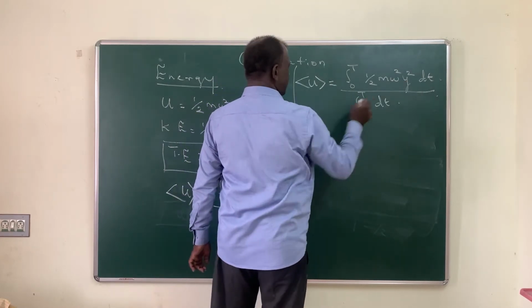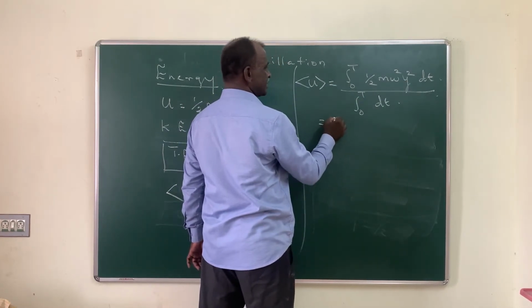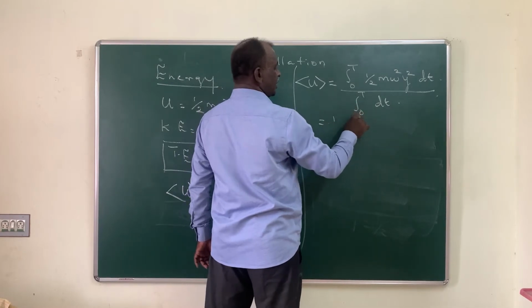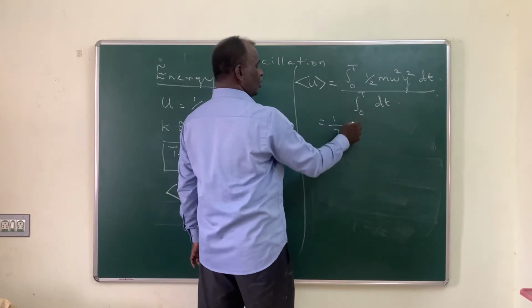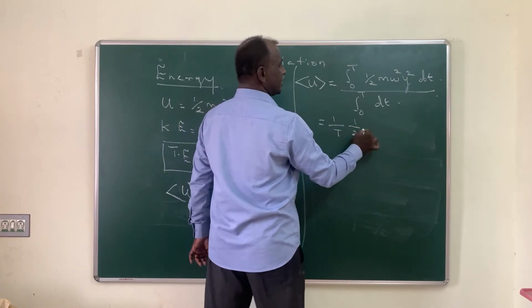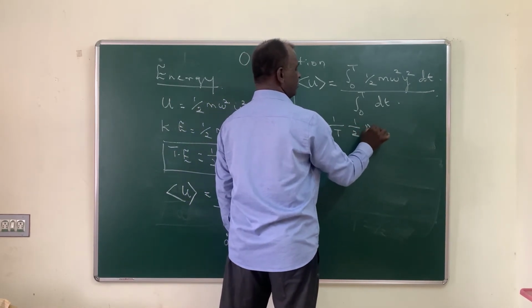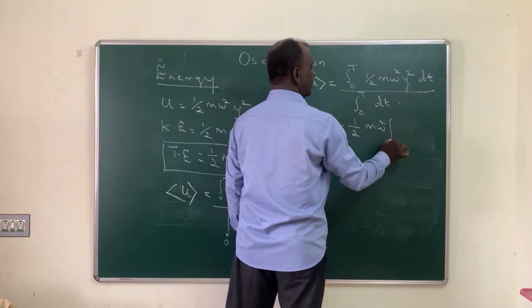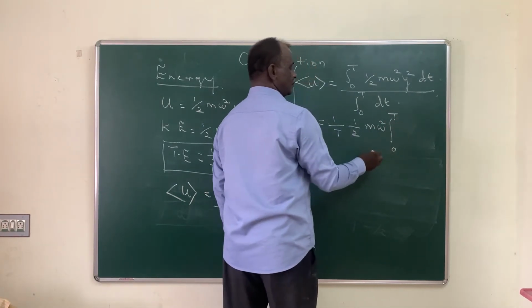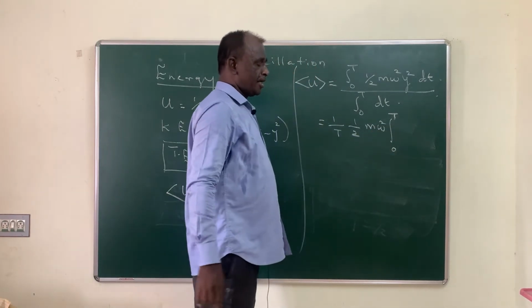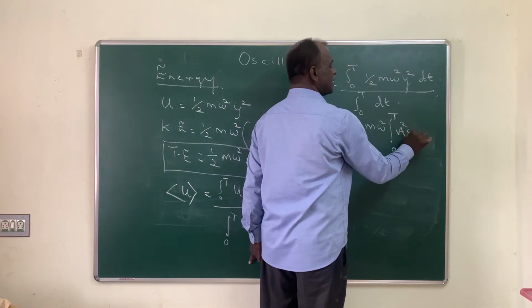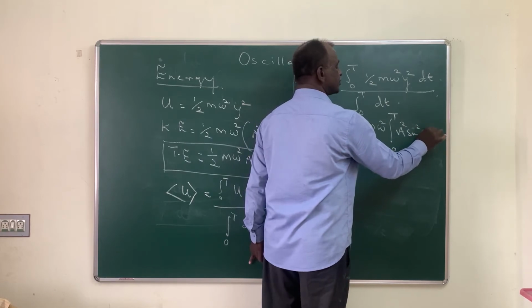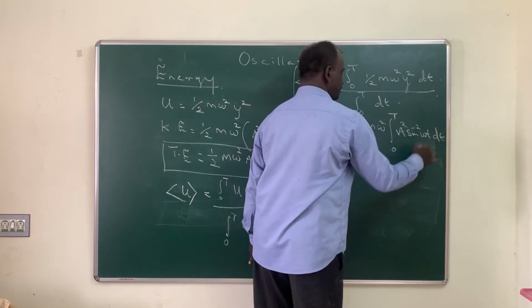Since y is a function of time, the integral from 0 to T of dt gives T, so we have 1 by T. Now there is half into m into omega square, integral from 0 to T. In place of y, I can substitute a square sine square omega t into dt.